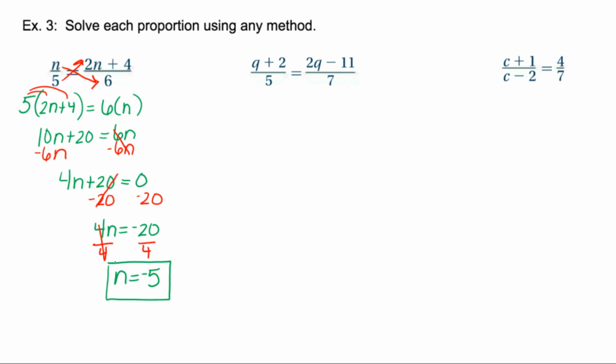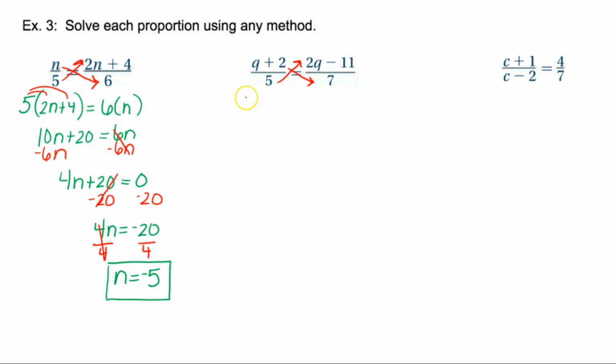These are more work. Once we do the cross products property, now we basically have multi-step equations with variables on both sides. Next one, cross multiply.